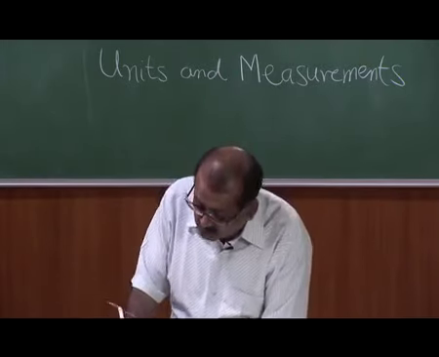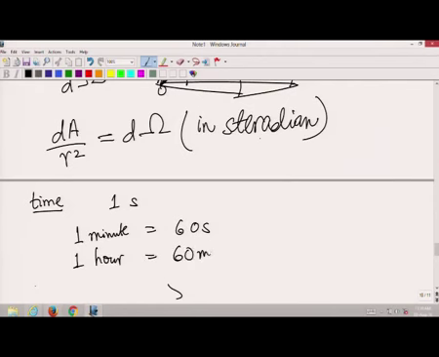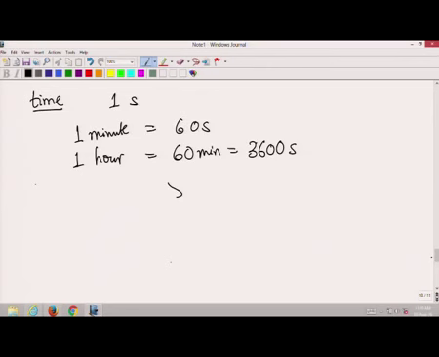For example, when we talk of time, 1 second is the SI unit, but sometimes we could measure time in minutes, where 1 minute is equal to 60 seconds, or in hours. So, 1 hour is equal to 60 minutes, which is equal to 3600 seconds. Depending on how big our duration is, we could use things like this.